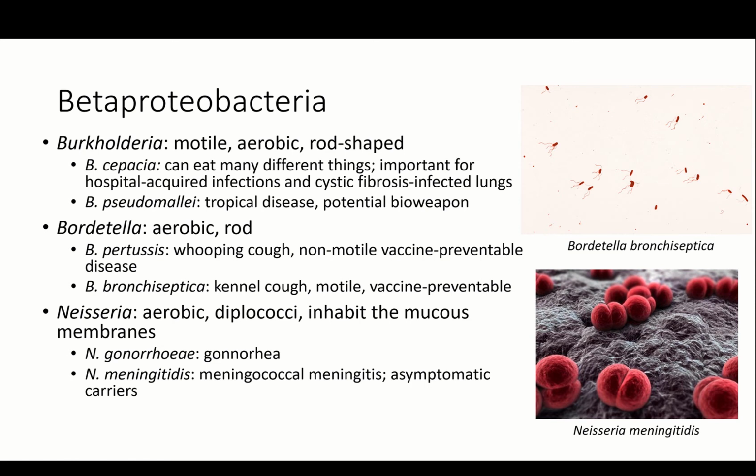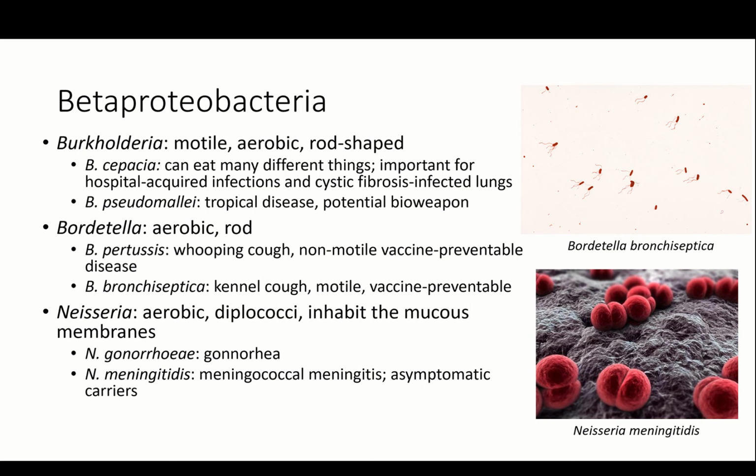But the problem is once Burkholderia cepacia takes hold, that usually forecasts a decline. And it's sort of the beginning of the end. So it's important. Burkholderia pseudomallei is a tropical disease, and it's considered a potential bioweapon, but we'll talk about that more later in the semester.